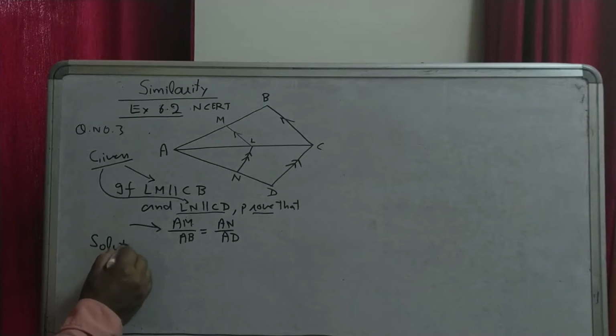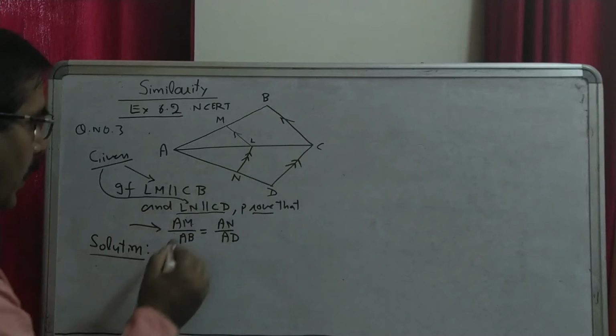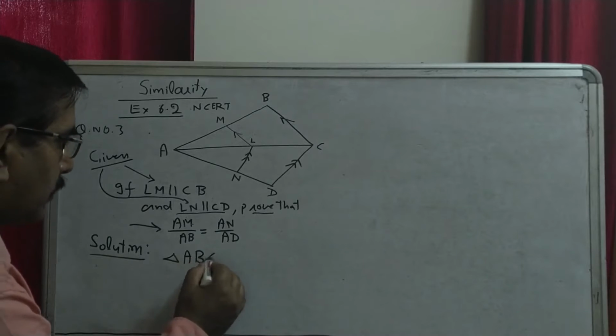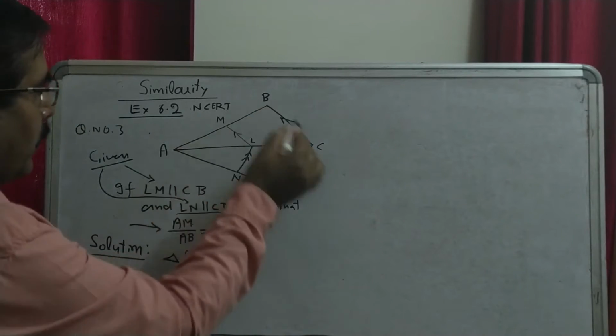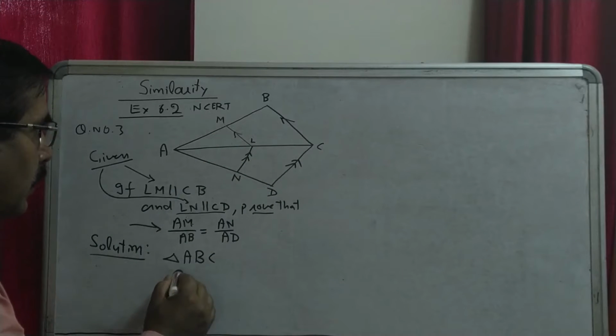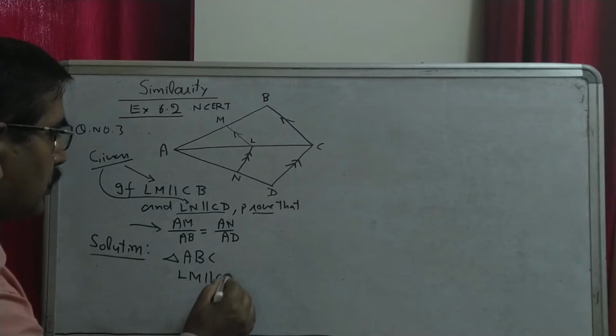The solution to this problem is, see, first of all, we will take the triangle ABC. So, I am taking the triangle, children, ABC. Understood? Which triangle I am taking? ABC. Now, see, in this triangle, it is given that LM is parallel to CB.